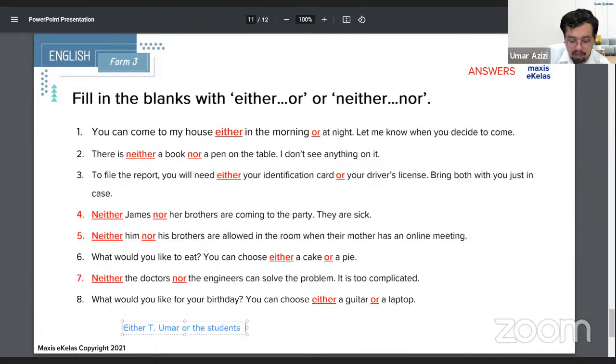Okay, is it are or is? I'll leave it there. So either teacher Uma or the students are or is drinking coffee. Which one is it? Is it are or is it is?